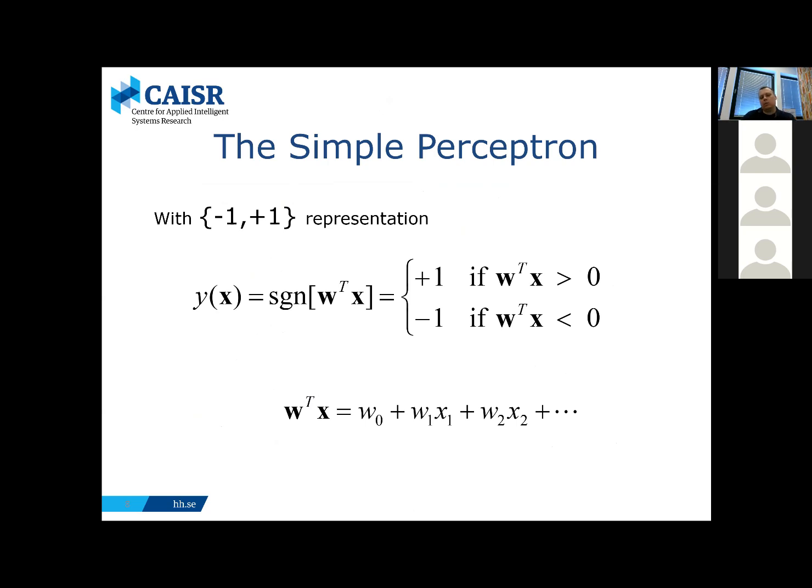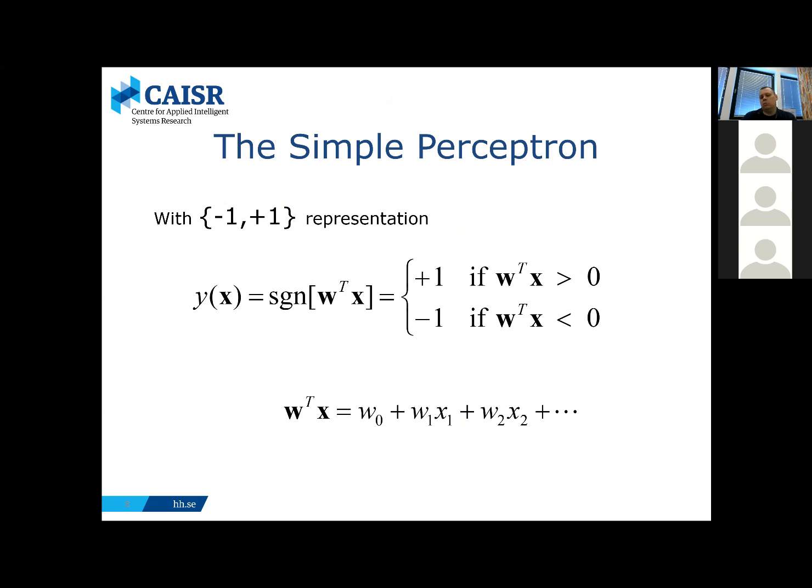In this case, we can use the sign function as our activation function. So we will have sign over the vector of weights times the vector of inputs. This can be of any size. That means we will get +1 or -1 depending on whether the sum inside is bigger or smaller than 0.